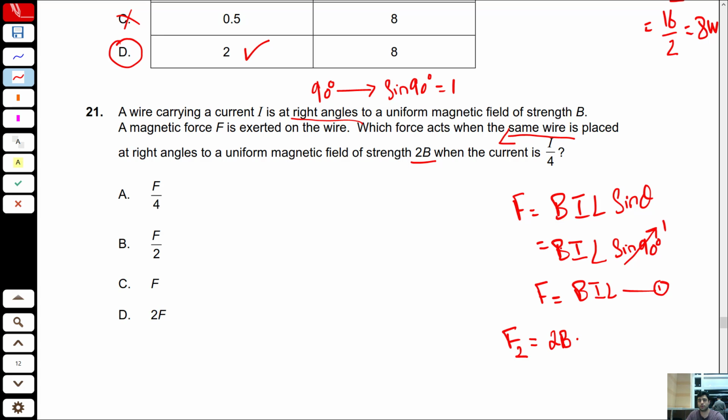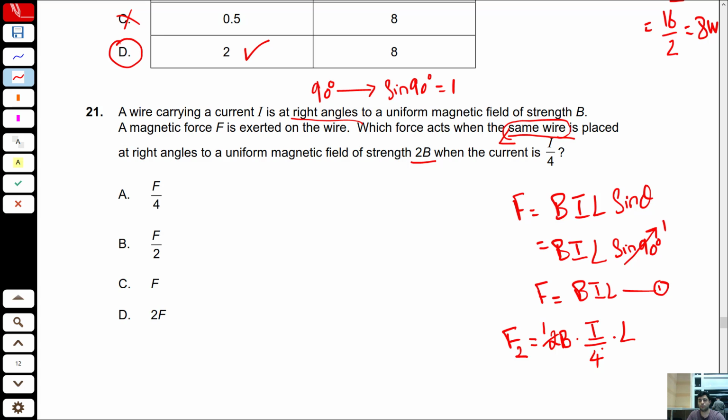How much is the current? The current has also changed. So our new current is a quarter of the original current, and the length of the wire stays the same because we're using the same wire. Okay, let's rearrange the equation a little bit.